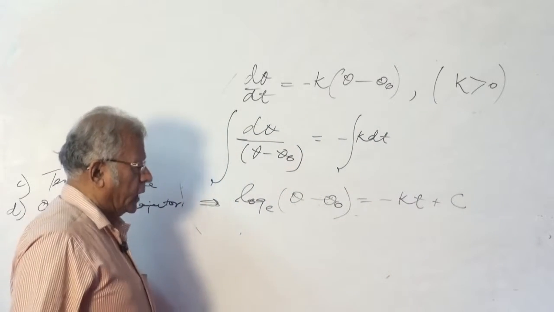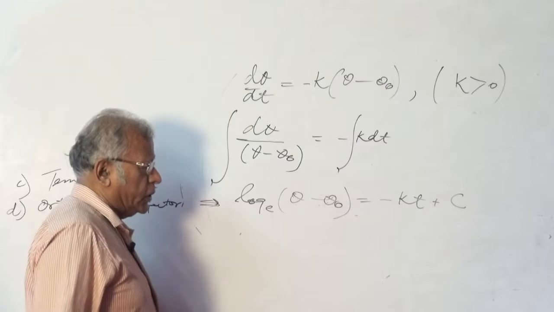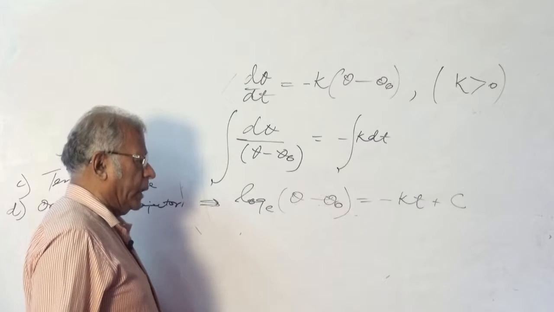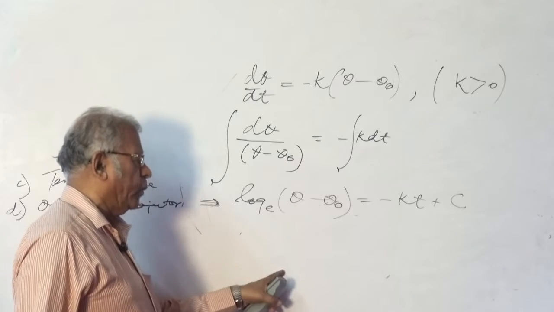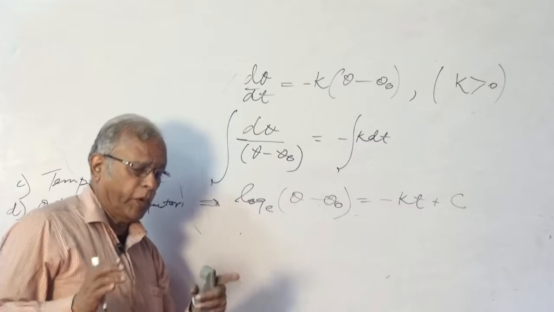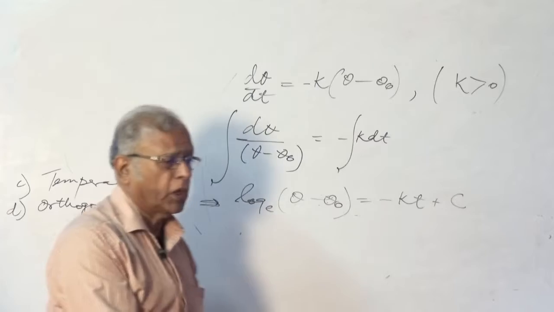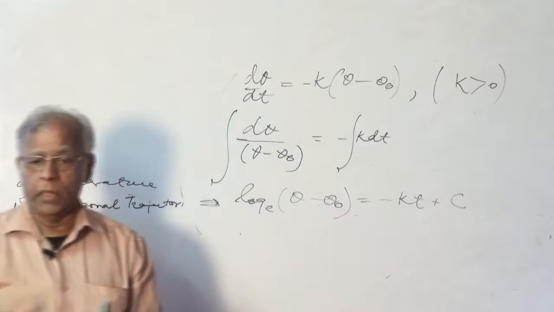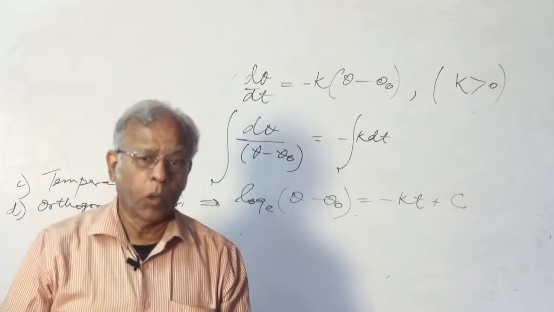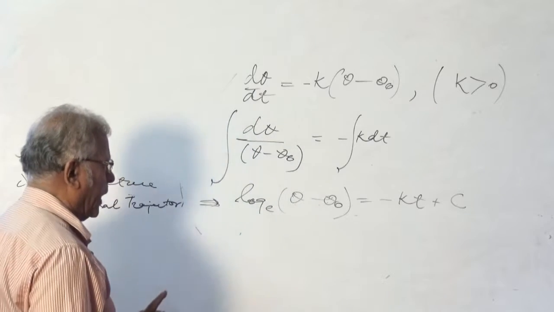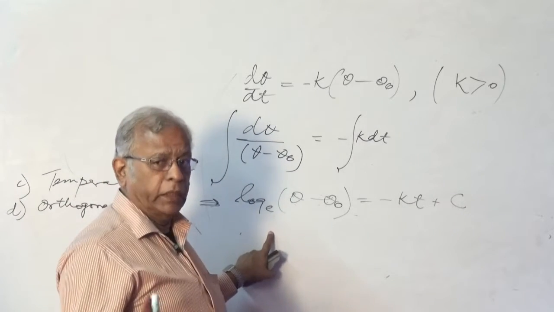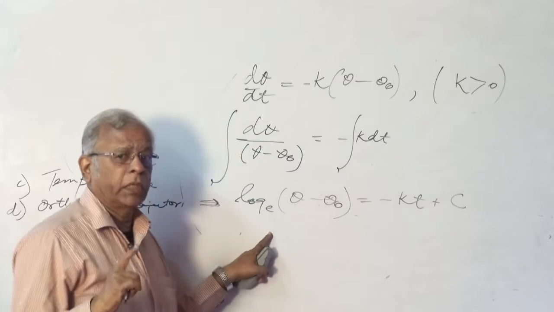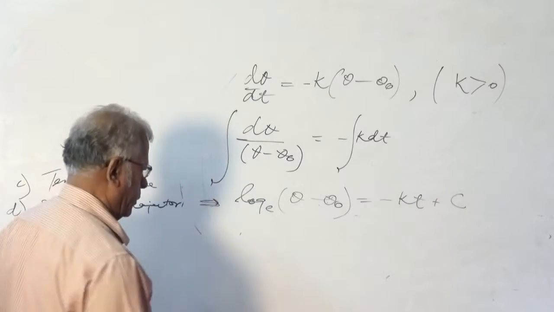Again, we are left with the task of determining the value of this constant C. And that's simple because, as we stated in the beginning, let us assume that when t is 0, that means from the point of time when the body is brought out from the oven or wherever it was and placed into this cold environment, if that point of time is considered as t equal to 0, then we agreed that the temperature of that body was theta I, theta initial.